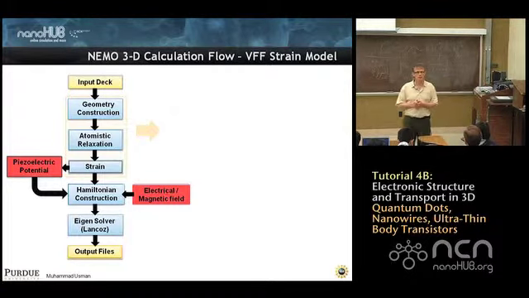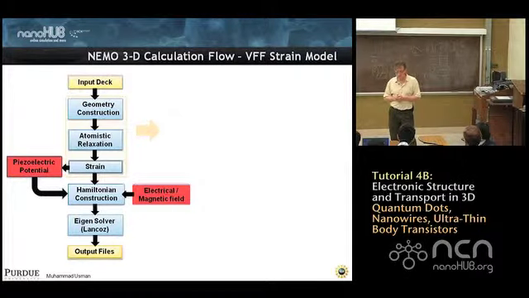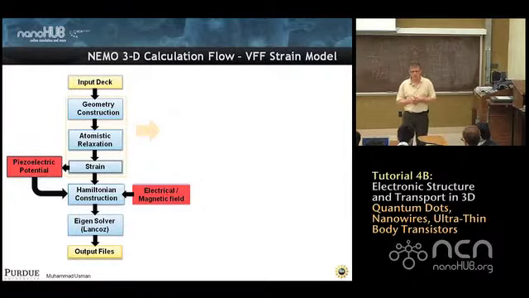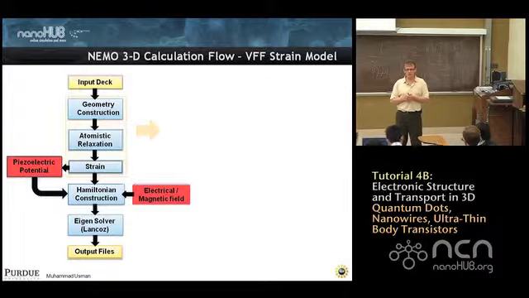Yes? The atomic relaxation, is that like an electrostatic, like stable? It's a so-called valence force field method, where basically what you do is you say atoms would like to stay at a certain distance, and if you push them out of the distance that they would like to be in, they gain some energy, right? But everybody gains some energy.